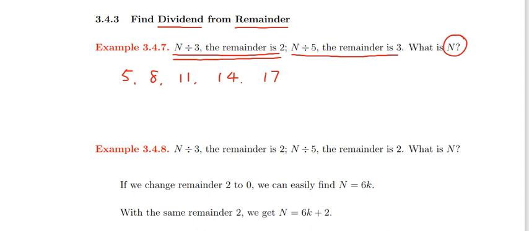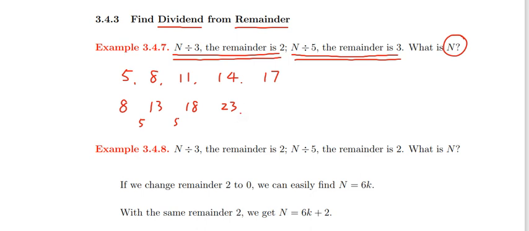And then those numbers divided by 5, remainder is 3. First number is 8. Second number just plus 5, 13, plus 5, 18, plus 5, 23, like those numbers.